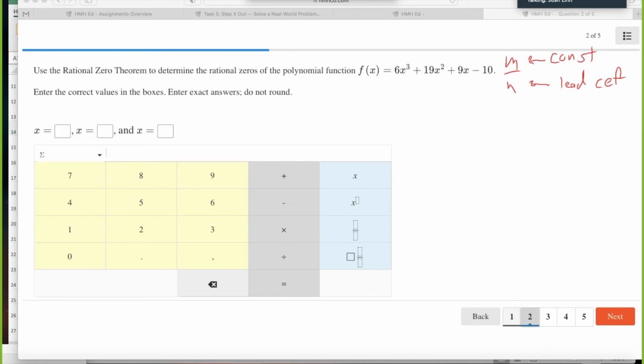This could totally take a while. We'll see how it goes. Our constant is negative 10, so our factors for that are going to be plus or minus 1, plus or minus 2, plus or minus 5, plus or minus 10.